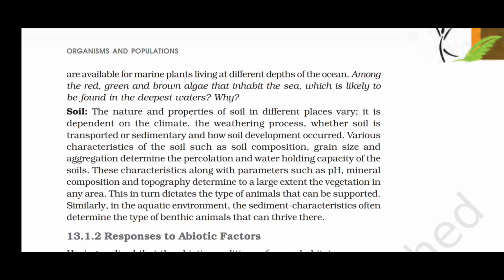These characteristics, along with parameters such as pH, mineral composition, and topography, determine to a large extent the vegetation in any area. This, in turn, dictates the type of animals that can be supported. Similarly, in aquatic environments, the sediment characteristics often determine the type of benthic animals that can thrive there.